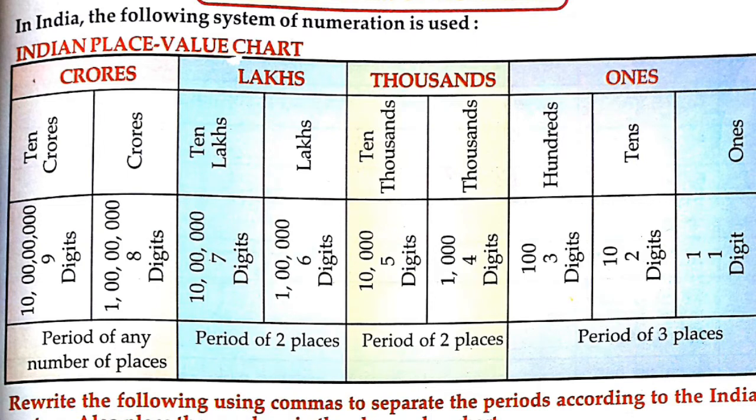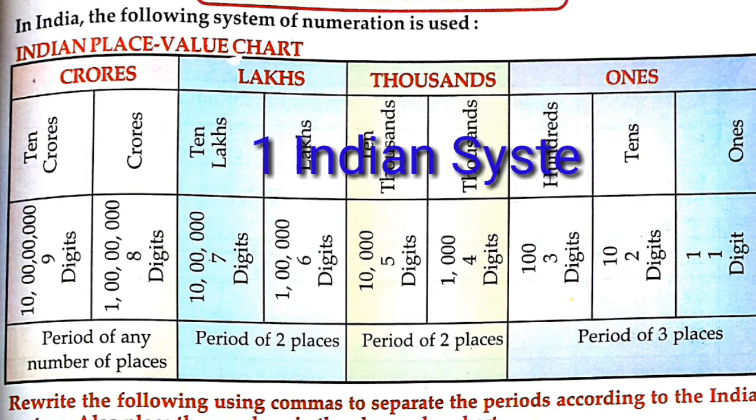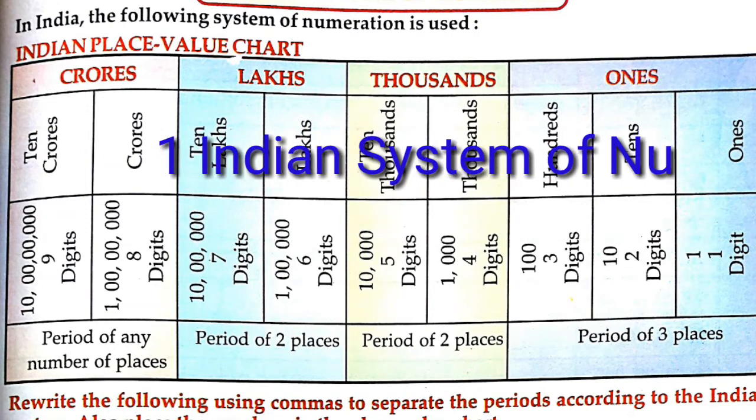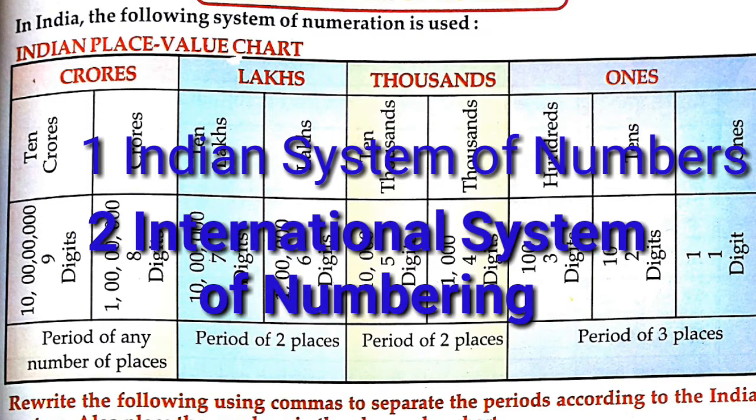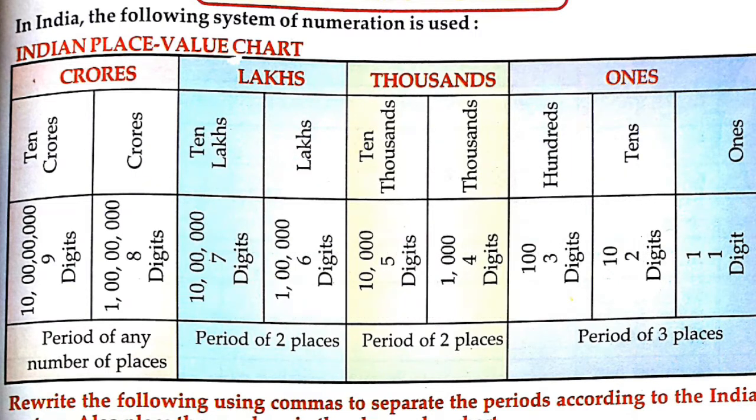One is the Indian system, which we use in India, and the second is the international system. That means outside India, in most countries, this system is used, and it is known as the international system.